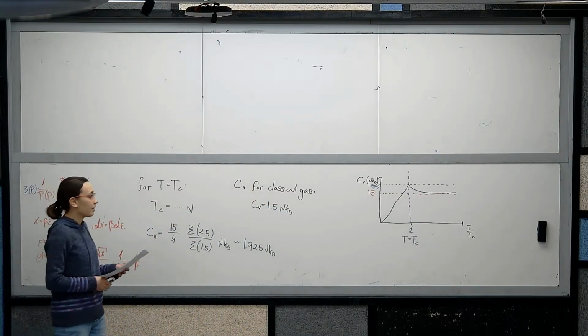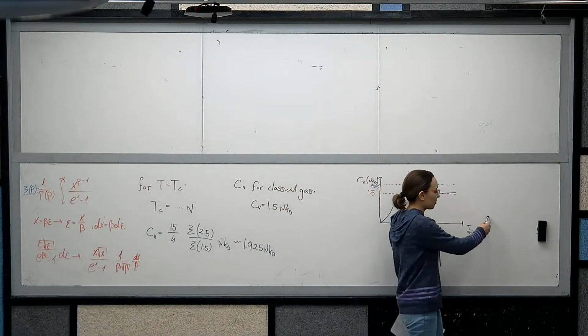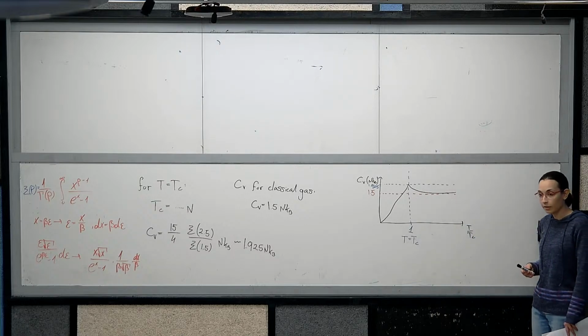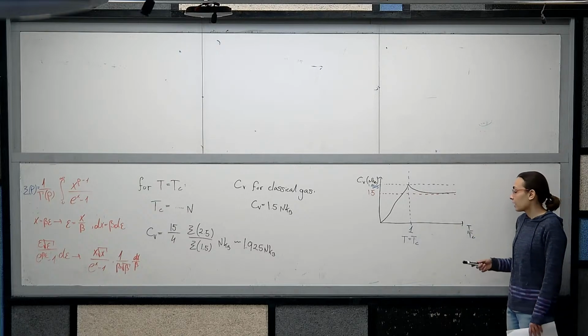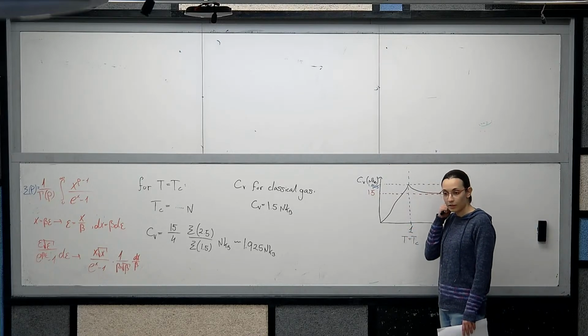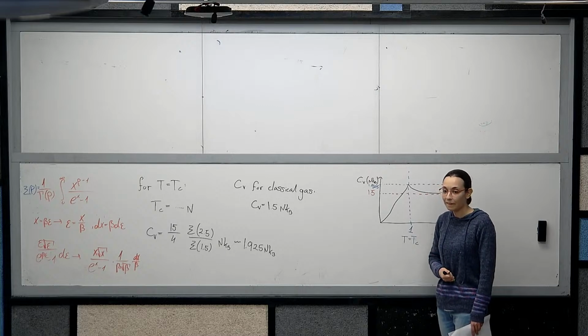The classical value is just from the calculations of an ideal gas of classical particles, and this we get from the assumption of quantum particles.